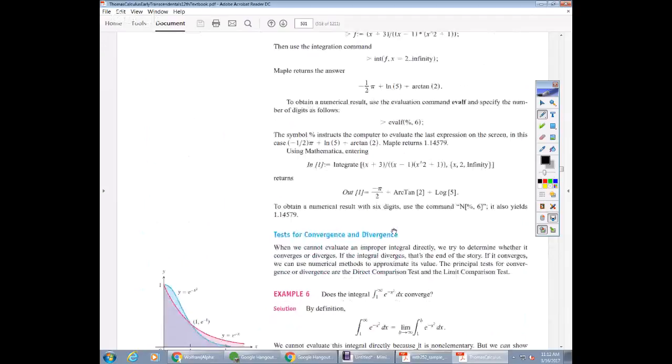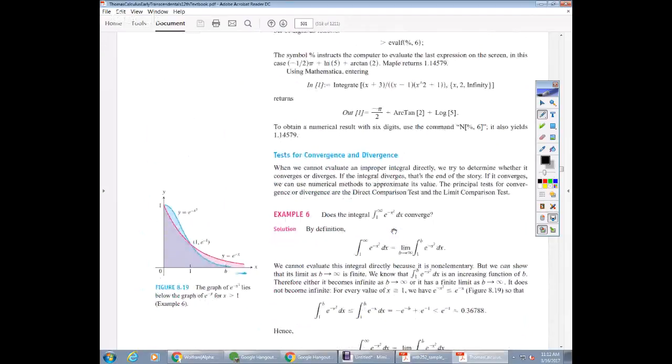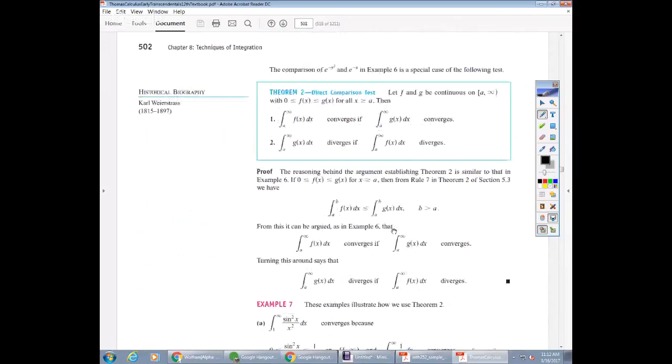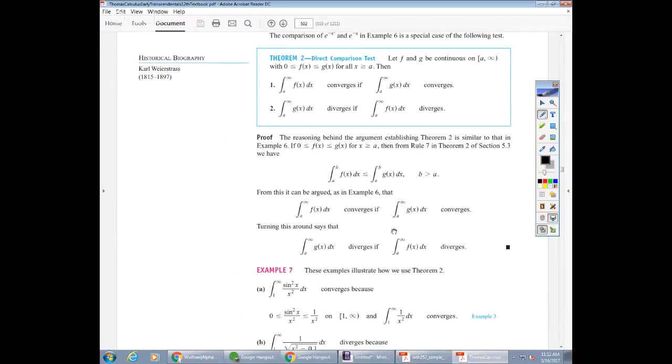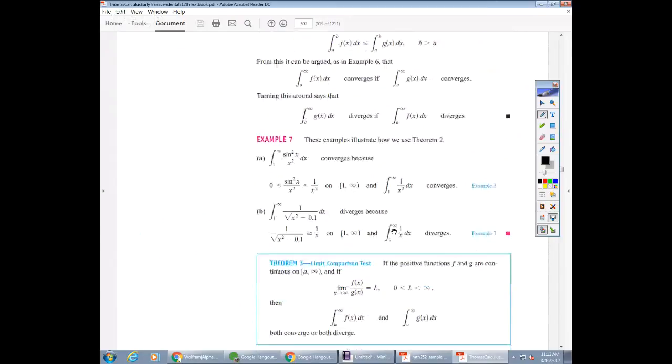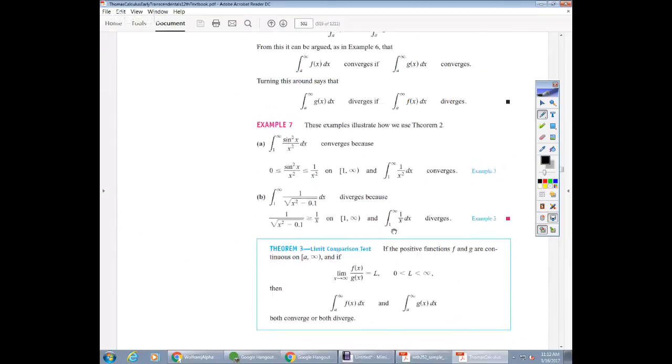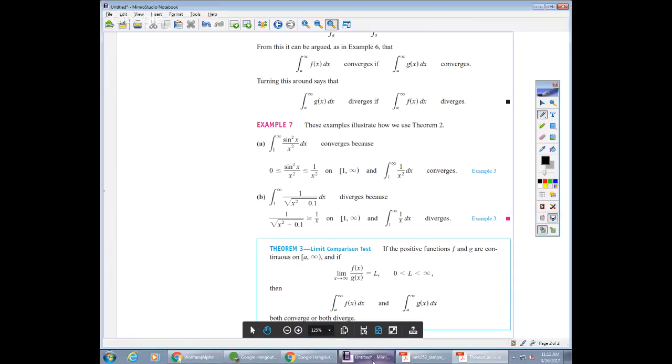And then computer algebra system, test for convergence and divergence is not very helpful. Ooh, the limit comparison test is, that's a good one. Okay, so I think we can use that.